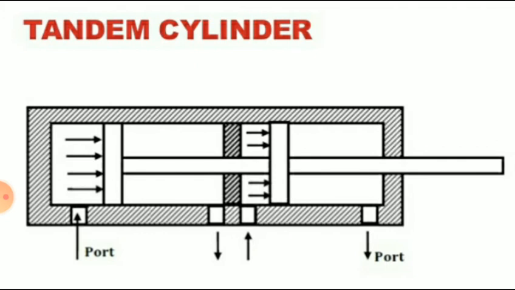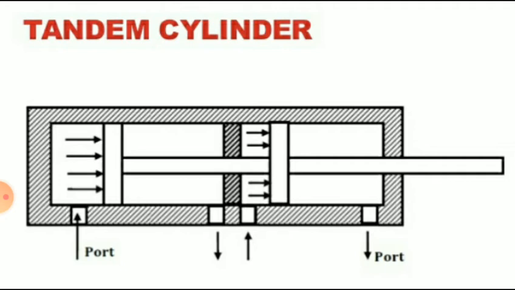Next is the tandem cylinder. A tandem cylinder is a combination of two or more cylinders working in tandem, that is, coupled mechanically to each other. Each cylinder has its own inlet and outlet ports but cannot operate independent of the other cylinder. The advantage of tandeming the cylinders lies in force addition.